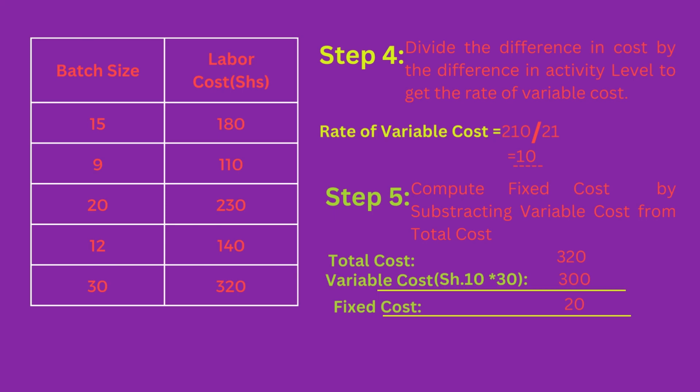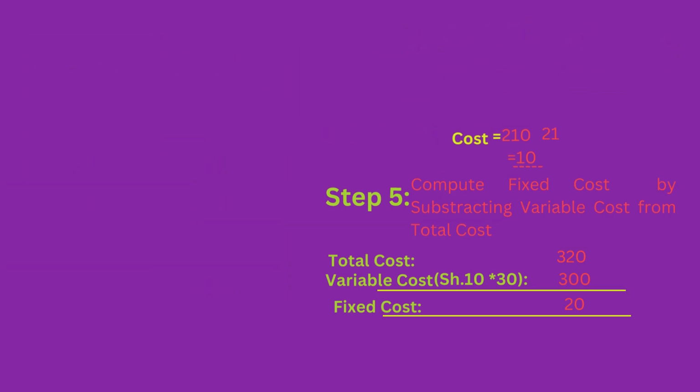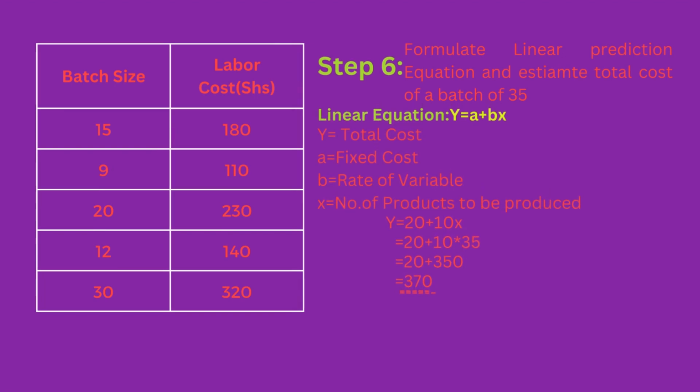Variable cost: we've got the rate of variable as 10, so we take 10 multiplied by the batch size, which was 30. So we get 300. So fixed cost will be equal to 20.